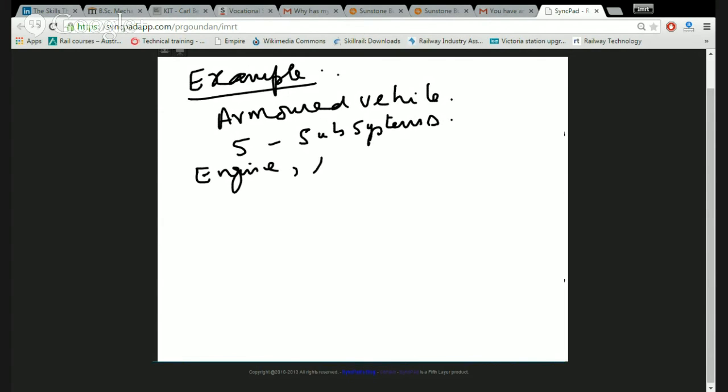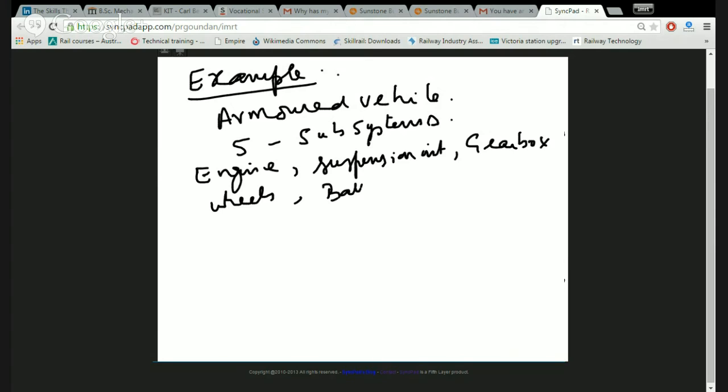There are 5 systems. Now the required reliability of this vehicle is 0.95 for 500 hours of operation. On 500 hours of operation, 0.95 is the required reliability.